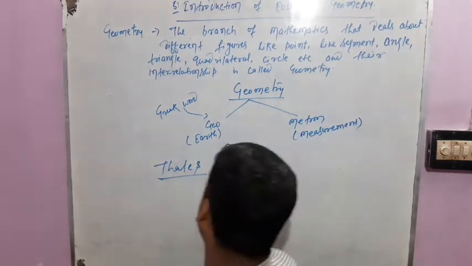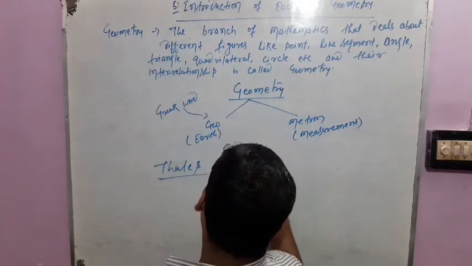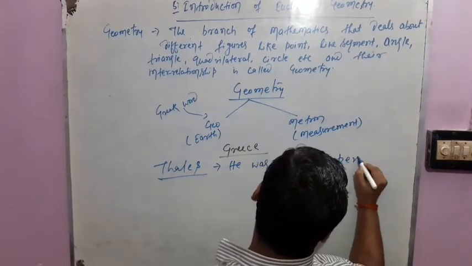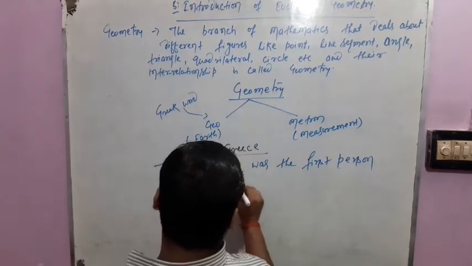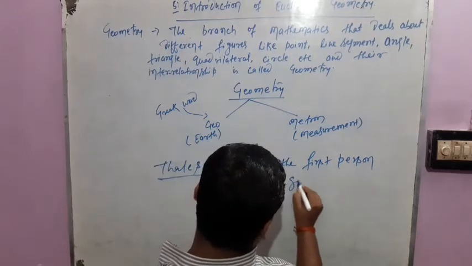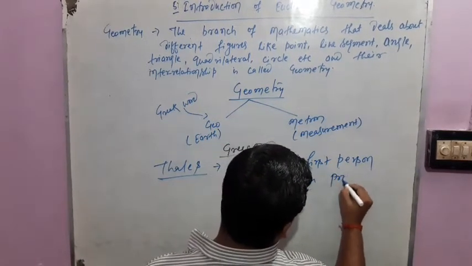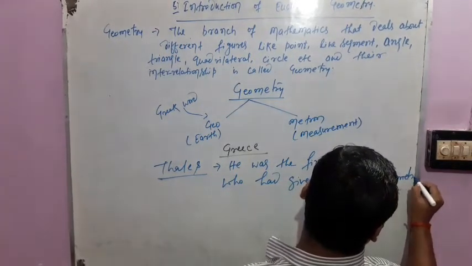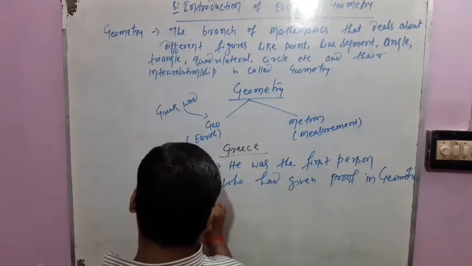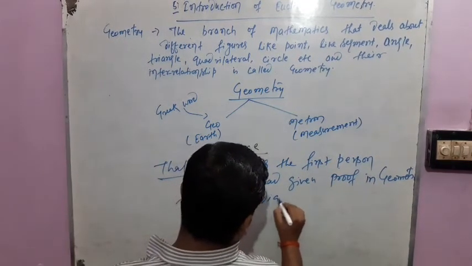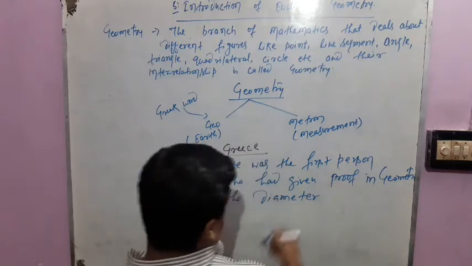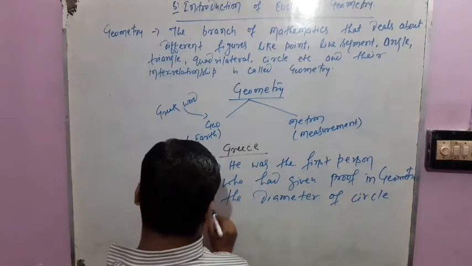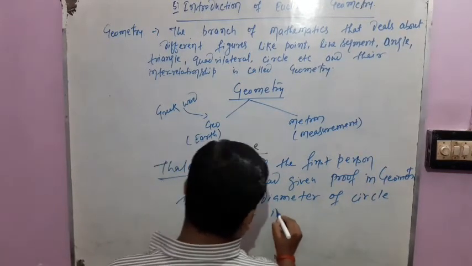He was the first person who gave a proof in geometry, that the diameter of a circle divides it into two equal halves.